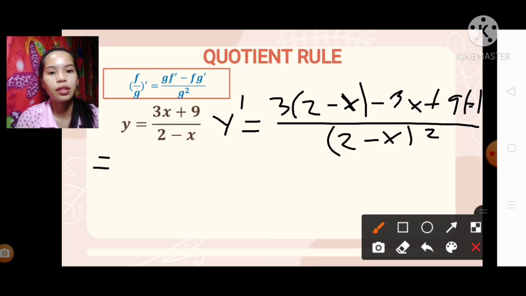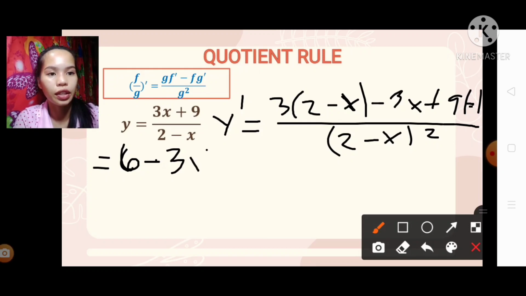So equals 3 times 2 is 6, right? 6. Then 3 times negative x is negative 3x.